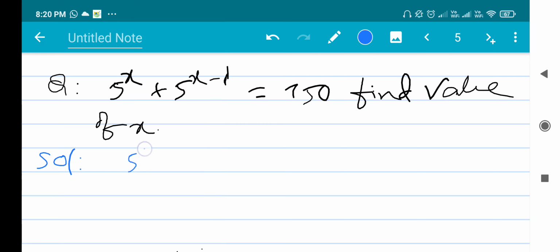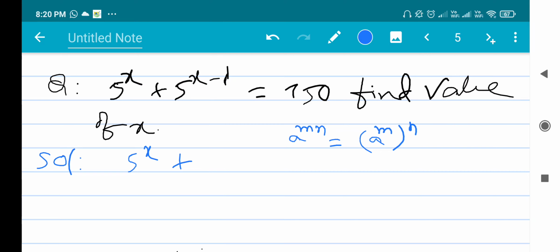5 to the power of x plus 5 to the power of x minus 1. We have seen the identity a to the power of m into n, which means a to the power of m to the power of n.